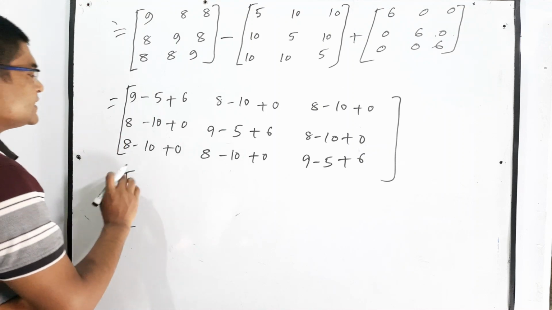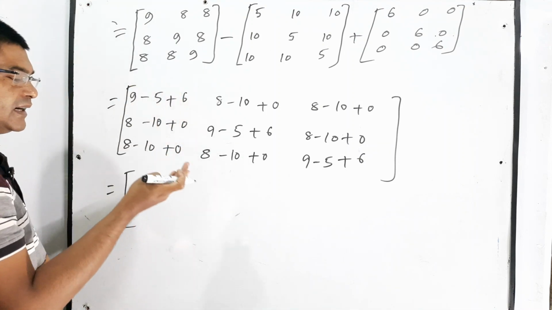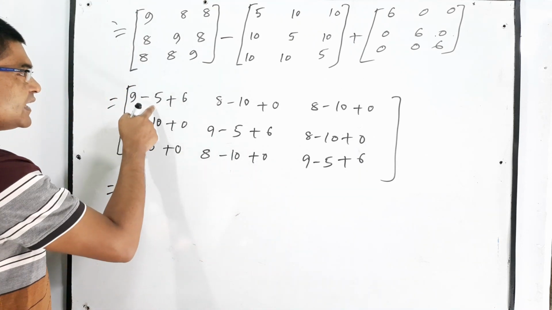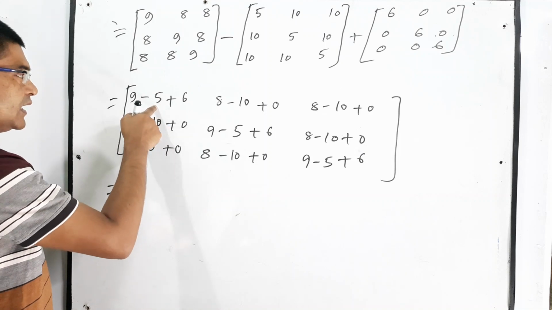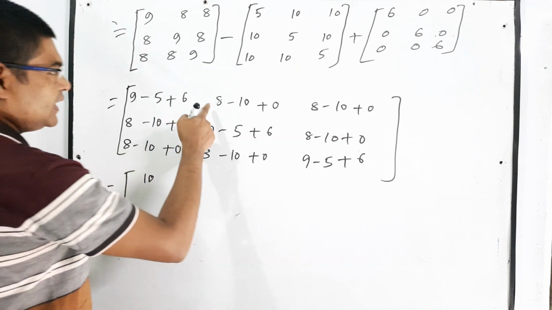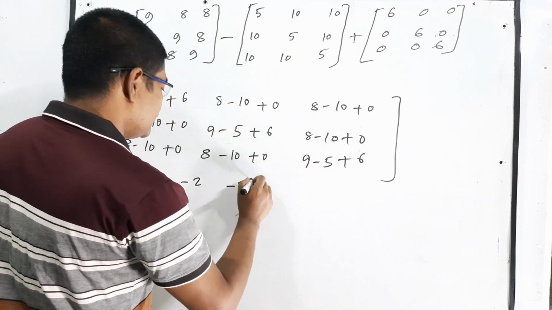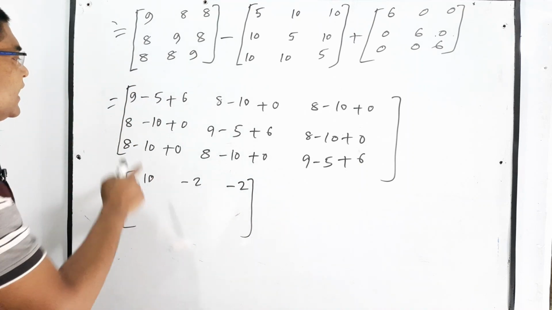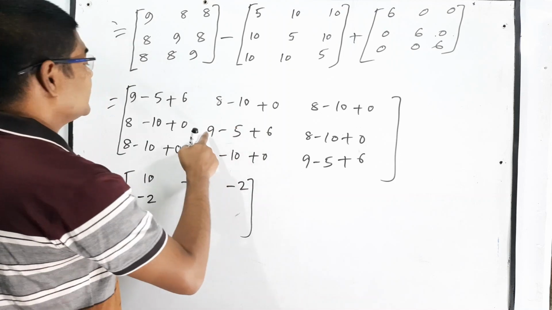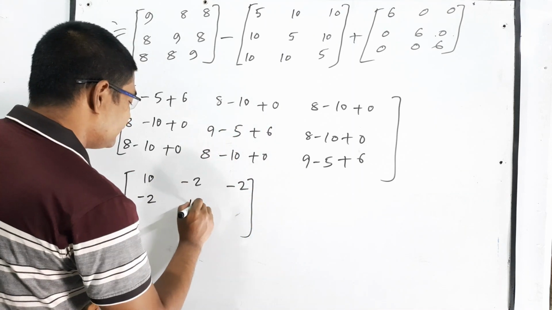So here is 9 plus 6, 15. 15 minus 5 equal to 10. Here is minus 2. The same way, we get minus 2, and 9 plus 6, 15 minus 5, 10.